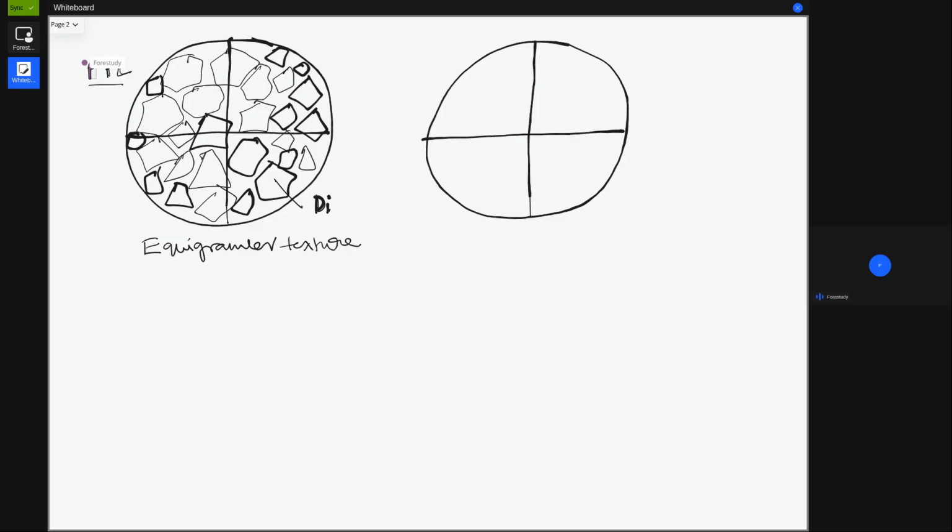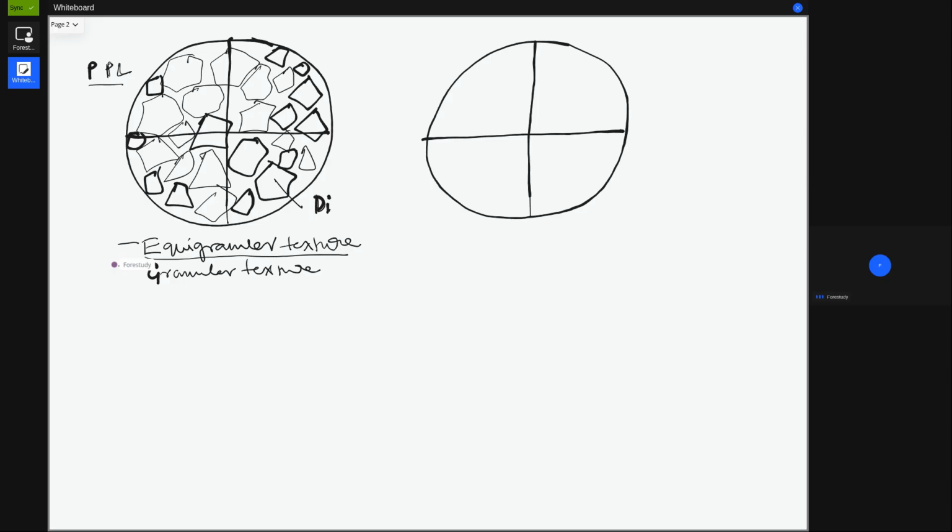Remember, pyroxene has 90-degree cleavages, so that would be very hectic. It is better to draw it in PPL, because we are trying to show the texture only. So draw equigranular diopside crystals, and this is an equigranular texture, or we can also just say granular texture. Both can be said, same thing.